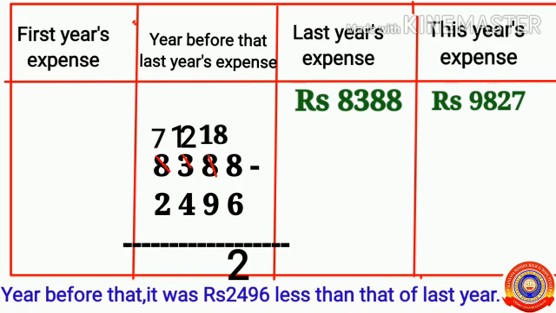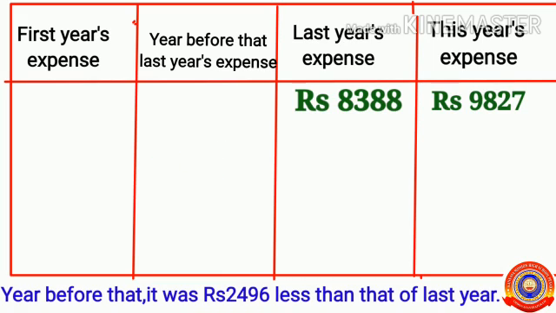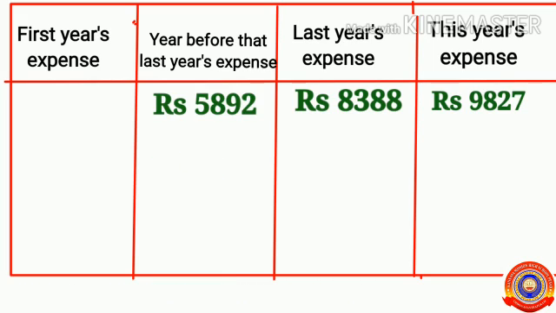Then 18 minus 9, 9. 12 minus 4, 8. 7 minus 2, 5. 5892. The year before that last year's expense was 5892 rupees.